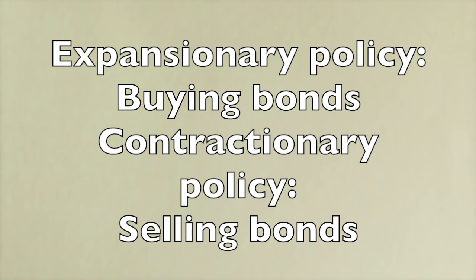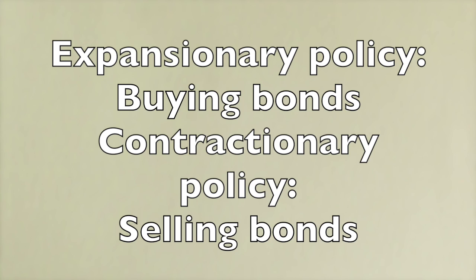So expansionary policy is to buy bonds from commercial banks, and contractionary policy is to sell bonds to the commercial banks.